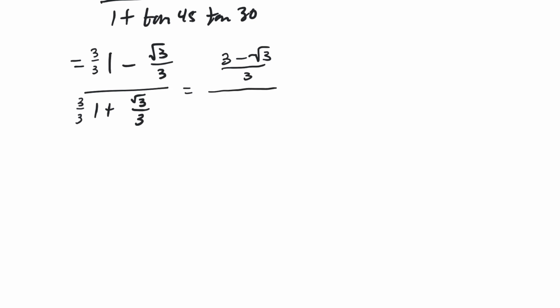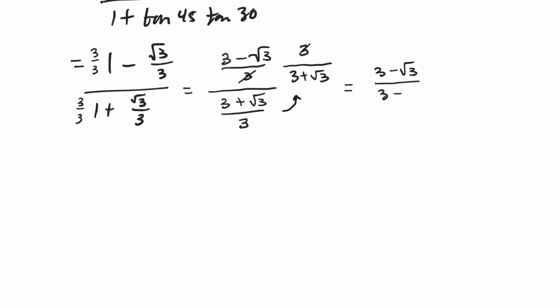All of that, same kind of thing, but it's plus this time: 3 plus root 3 over 3. And now I have a fraction on top of a fraction underneath a fraction, and I really don't want all that. I'm going to multiply by the reciprocal. So 3 over 3 plus root 3. Here we see that we do get some cancellation happening, and we can simplify that to 3 minus the square root of 3 over 3 plus the square root of 3.